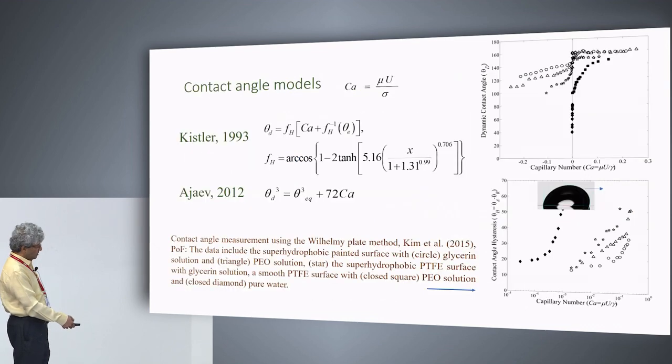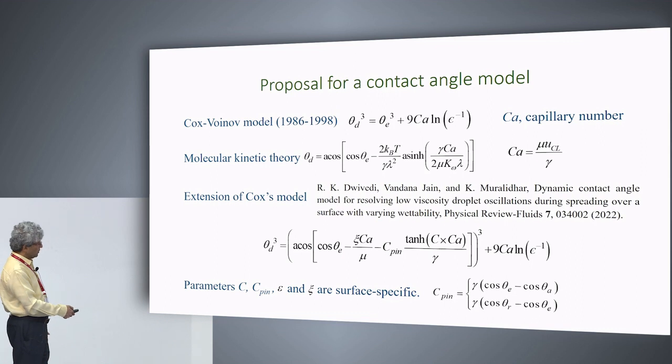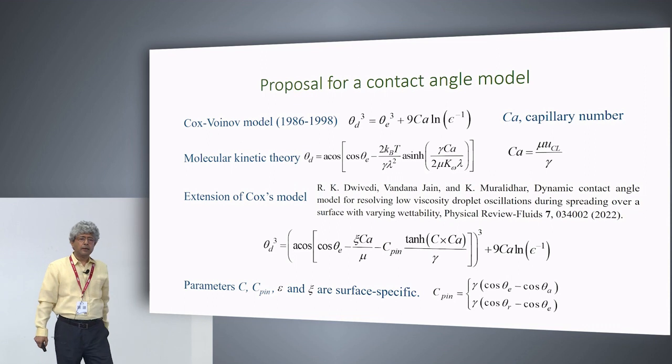But even these authors of 2015 concluded that the Cox-Voinov model and the MKT model represented experimental data fairly well, but not very well.